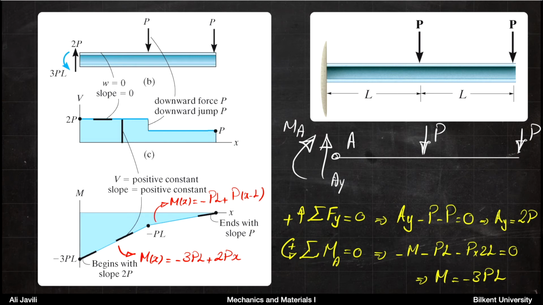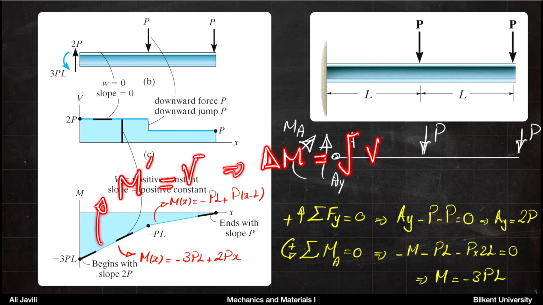Now, the moment diagram, we can also draw it similarly, but remember again that the derivative of the moment diagram now is V. Or otherwise, you can say delta M equals the integral of V dx.